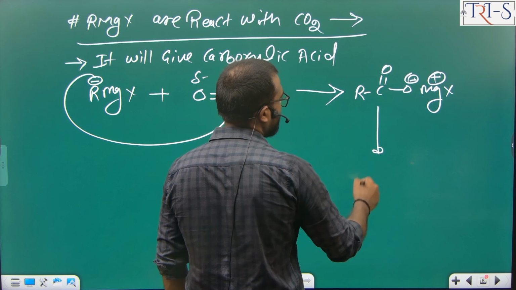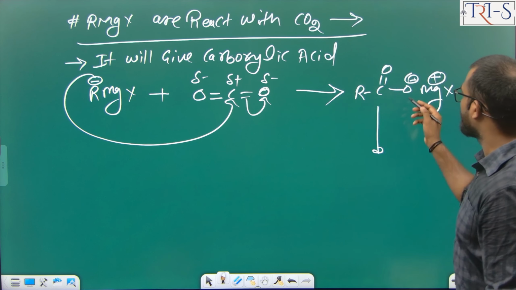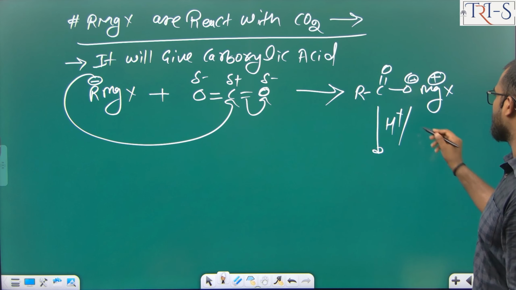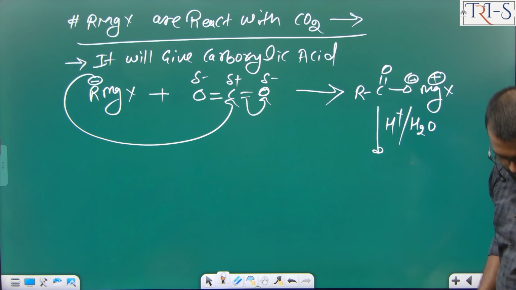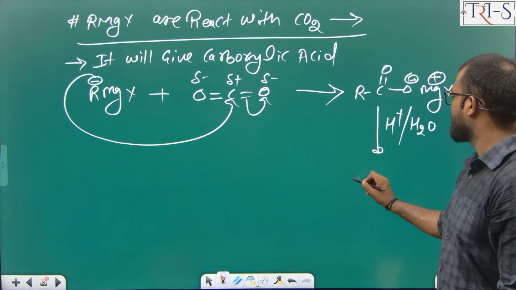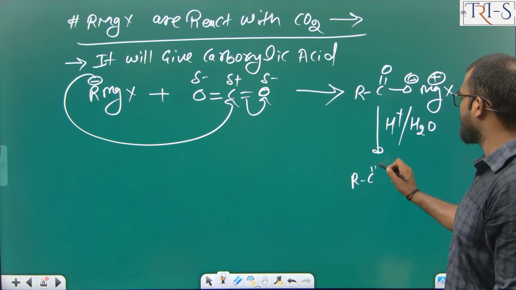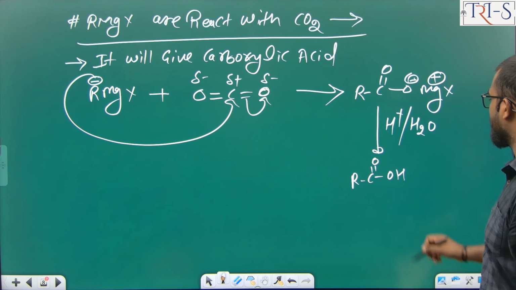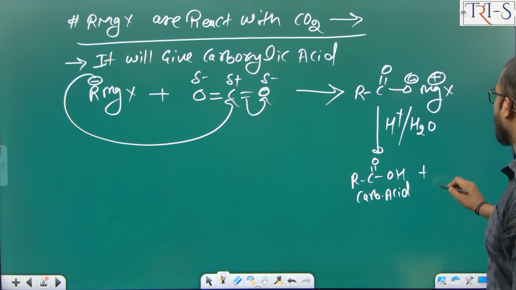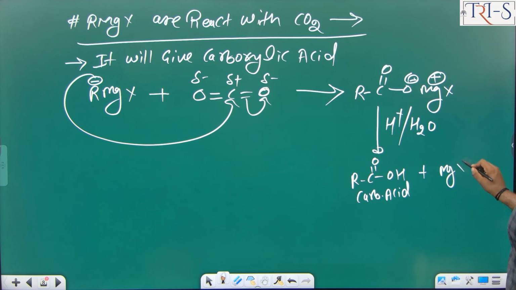And if it takes any proton from solvent or any other compound, then it will give RCOOH, that is carboxylic acid, and another product like this.